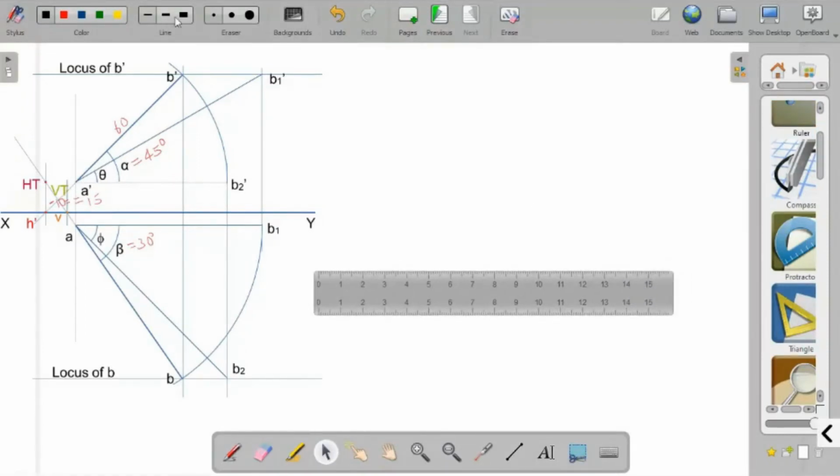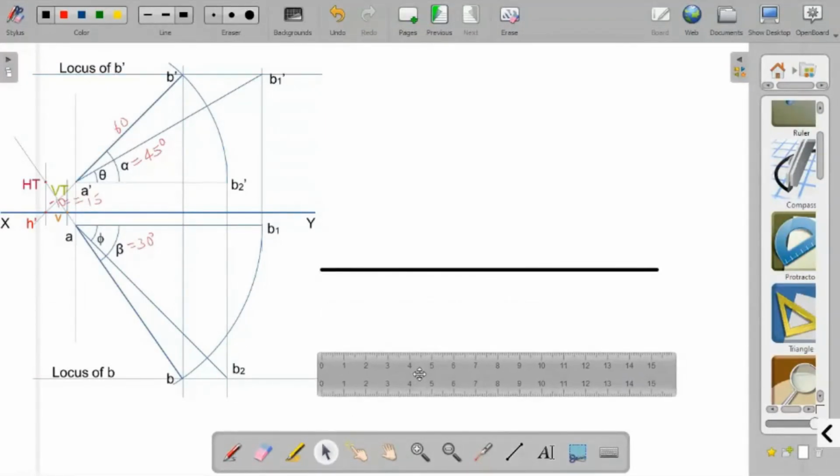So here we draw the XY line. First we draw the XY line. I'm drawing it a bit thicker because I have seen in some of your drawings that some students draw all the lines with the same thickness, the same darkness.